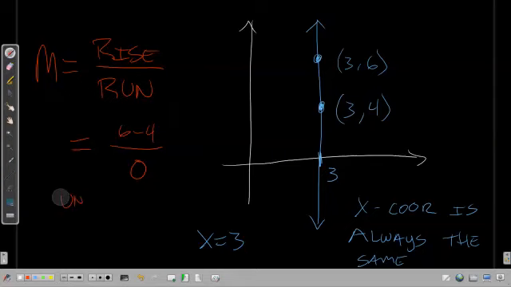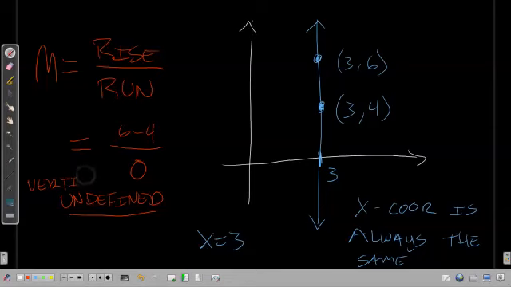It has no meaning. It is undefined. We can't define it because it's divided by 0. You can't divide by 0 because if you did, you'd immediately have a contradiction. Vertical lines have undefined slope.